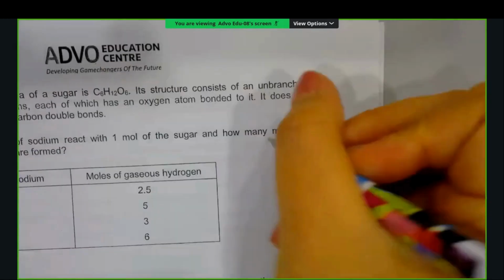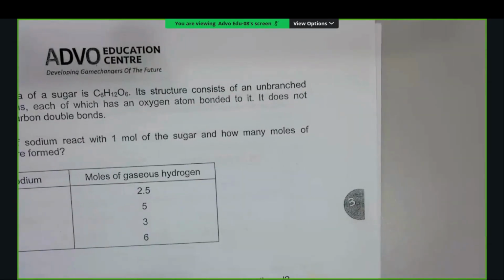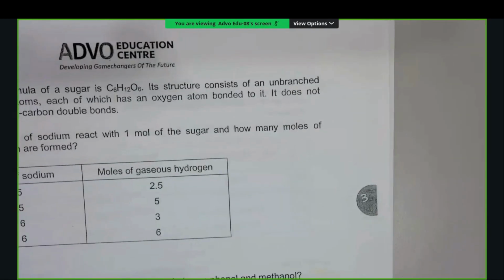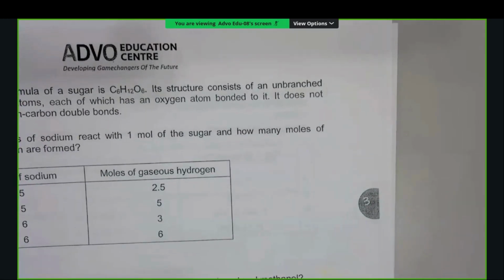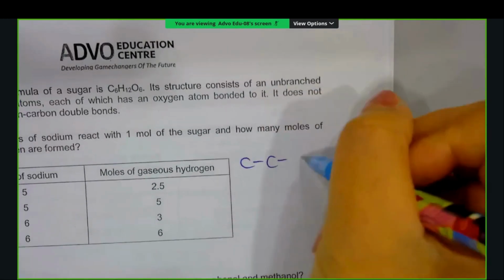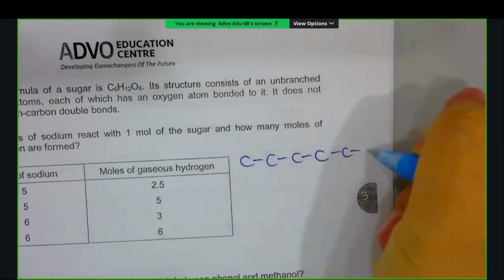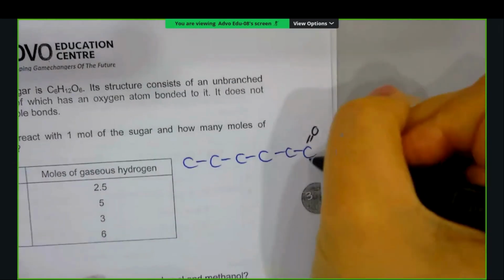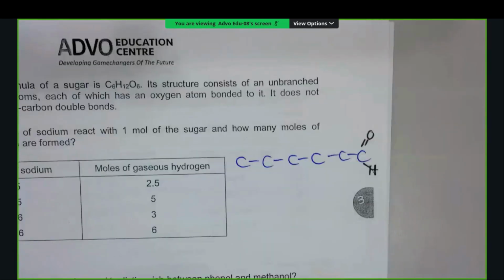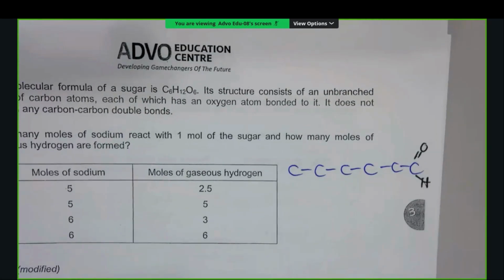So of course, if you try to draw 6 OH, you realize there's not enough H to go around, like what Lashita had actually tested out. So 1, 2, 3, 4, 5. The last one should be an aldehyde, because that's the only way I can actually create a double bond without introducing alkene.